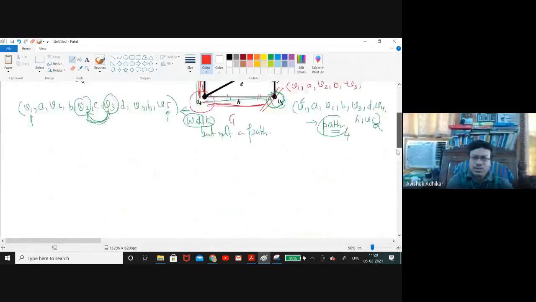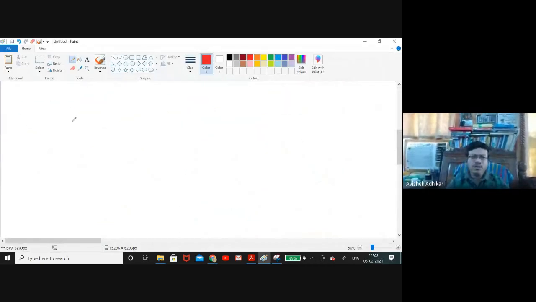Suppose we have a few vertices, and suppose I have a graph like this. Say there are V1, V2, V3, V4, V5, and V6.